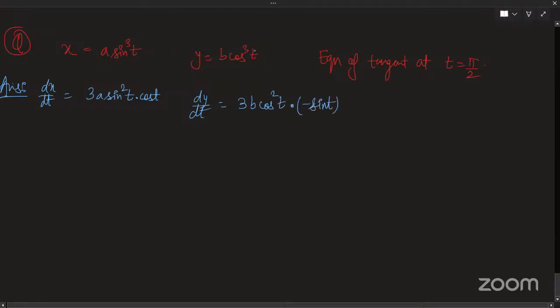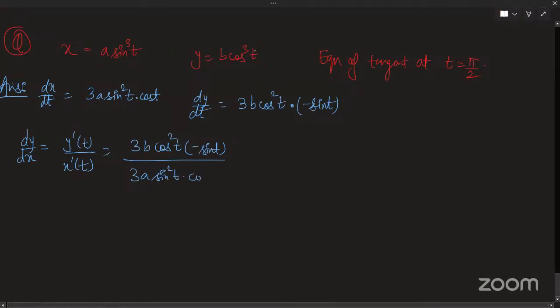Great, correct. So in order to calculate dy by dx, I can just directly write it as y dash t by x dash t, the division of both of these. So 3b cos square t into minus sine t divided by 3a sine square t into cos t. The cos t will cancel, the sine t will cancel, and the 3 will also cancel.